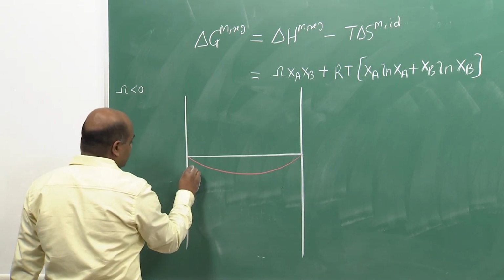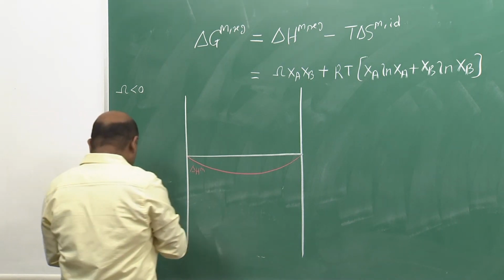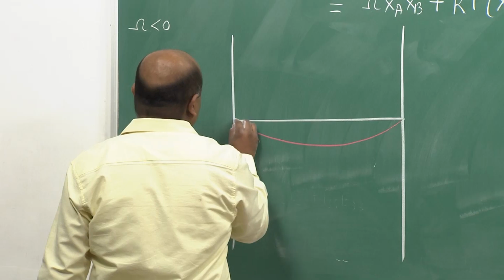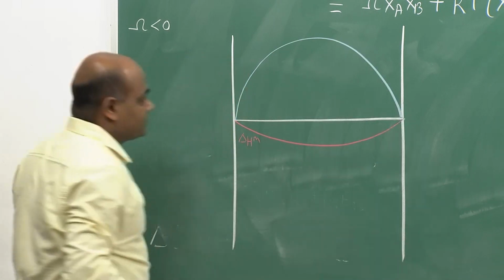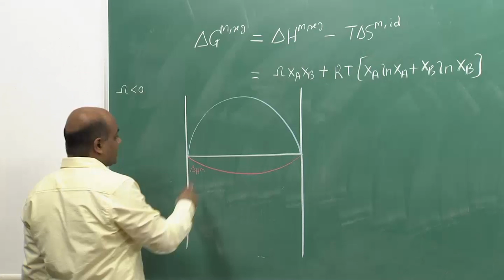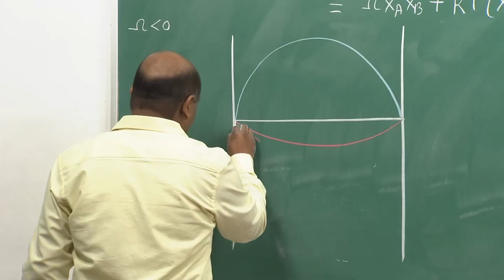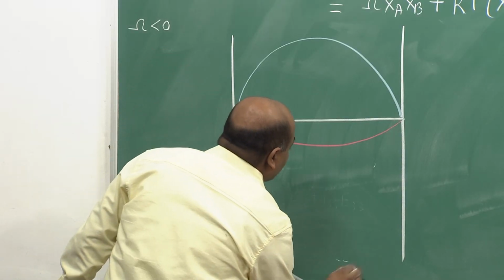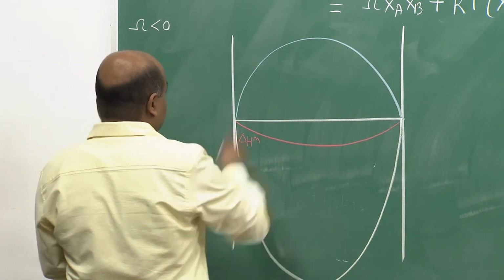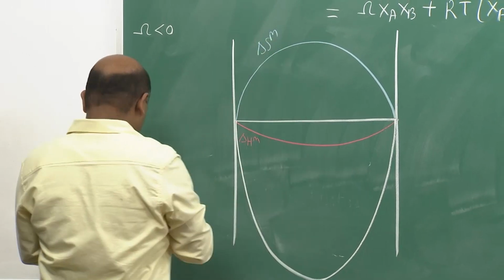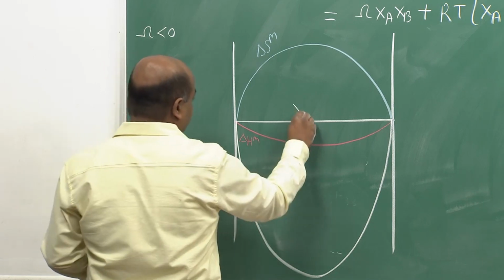So this is delta HM. Delta SM regular is the same as delta SM ideal. So we know it has a shape, it will be positive always, and so if we evaluate delta GM at each of the compositions, it will be negative everywhere. So this is delta SM, this is delta GM, this is XB.